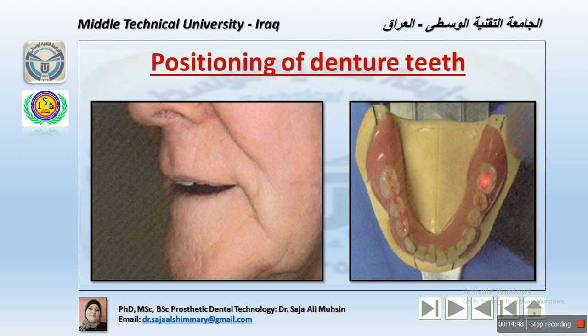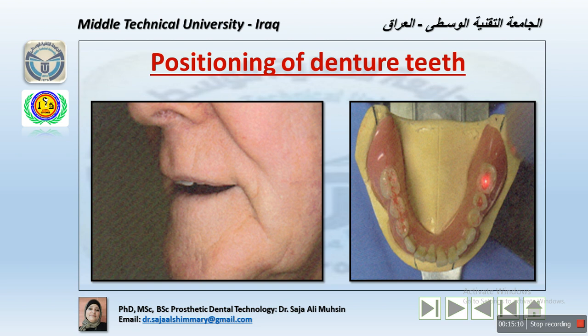Now also the second thing, which is that the denture teeth should be positioned to create a stable denture by positioning the teeth over the central position of the alveolar ridge, as we can notice in the image on the right side.